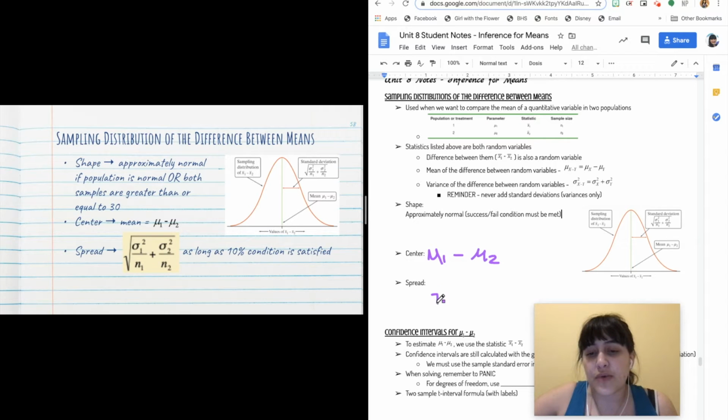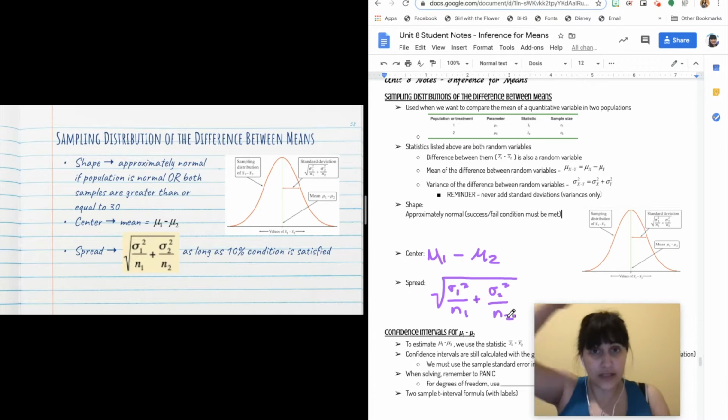So this spread equation is the square root of the variance, so that's what this is. This is standard deviation squared, which is variance of the first population over n1 plus, and then you have to do the same thing for the second population. So standard deviation 2 squared over n2.